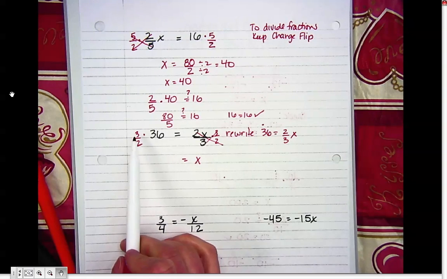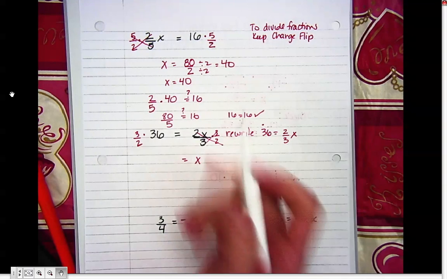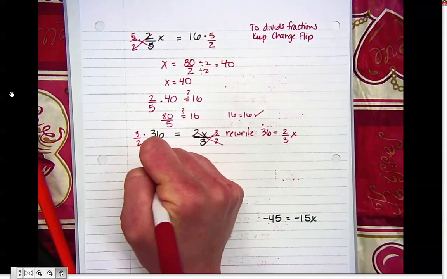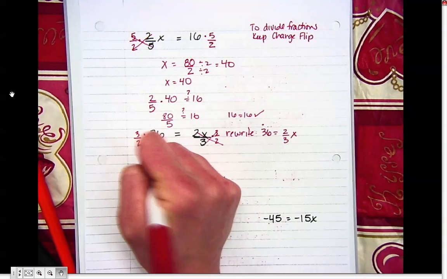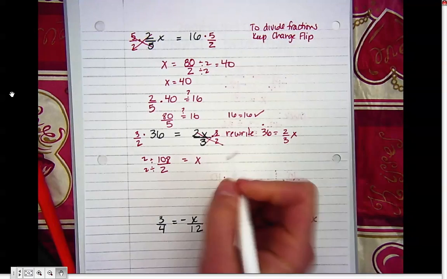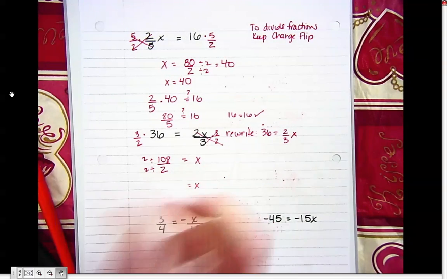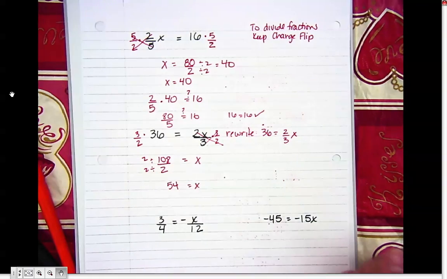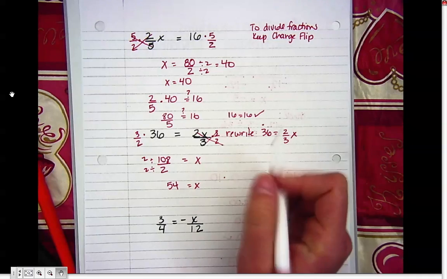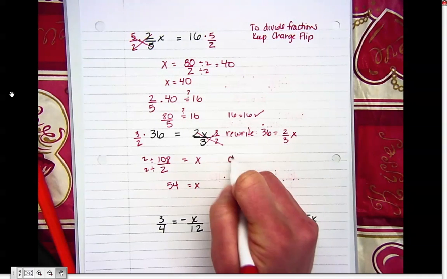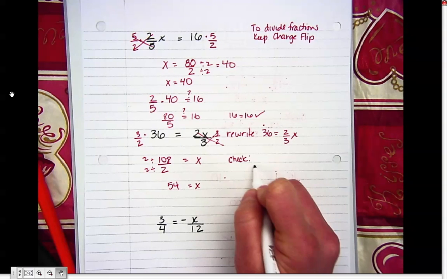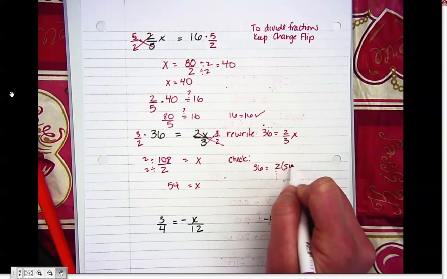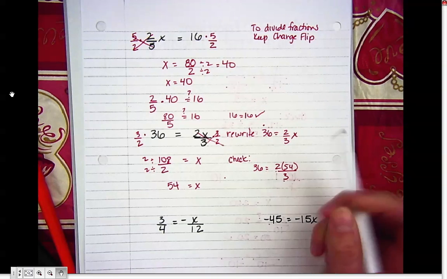So now I have 3 over 2 times 36. That gives me 108 over 2. I'm going to divide by 2, and that is going to give me x equals, should be 54. All right, well, I need to see if that's correct. So here's my check, is 36 equal to 2 times 54 divided by 3?